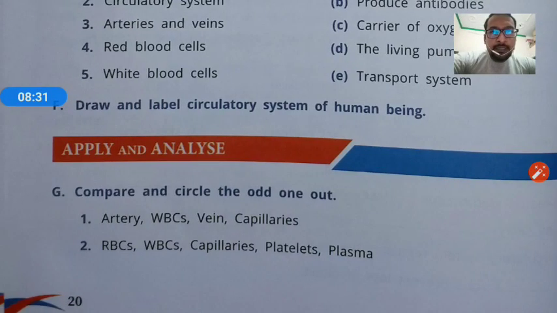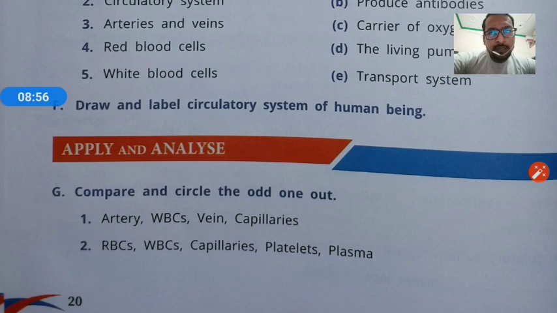Then you have compare and circle the odd one out. Artery, WBC, vein and capillaries. In this, the odd one is white blood cells. It is a part of blood, and the rest three are blood vessels.